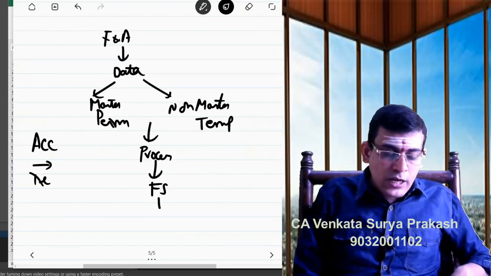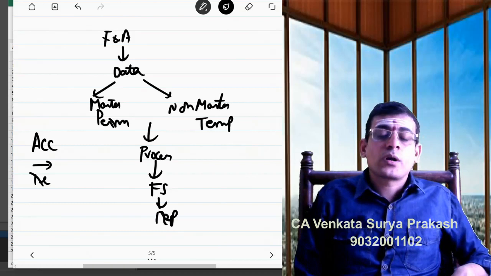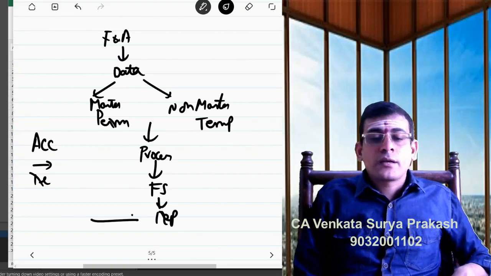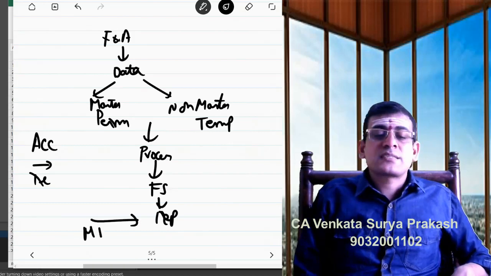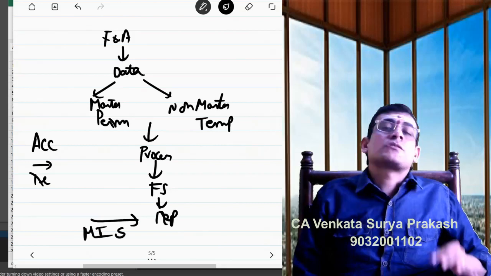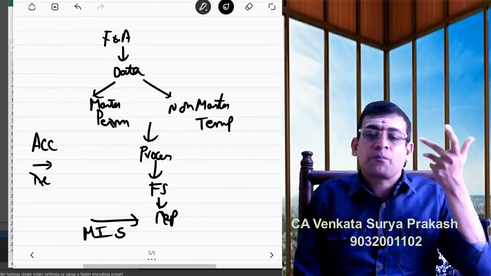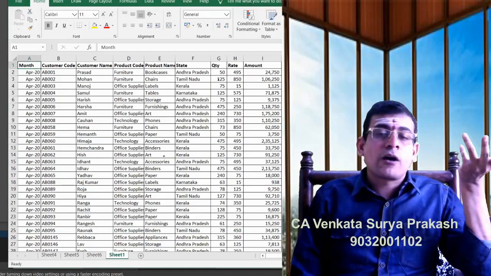With these financial statements, what will I do? I will report. Generally the company has a separate department for reporting, called the MIS department, Management Information System. This is the role of a management accountant.